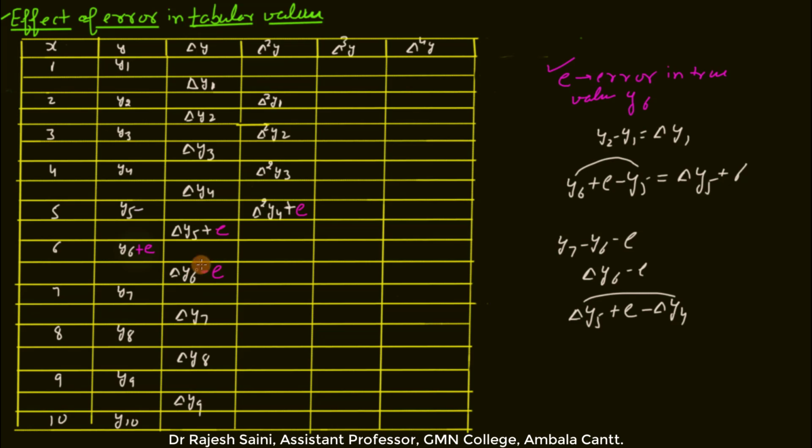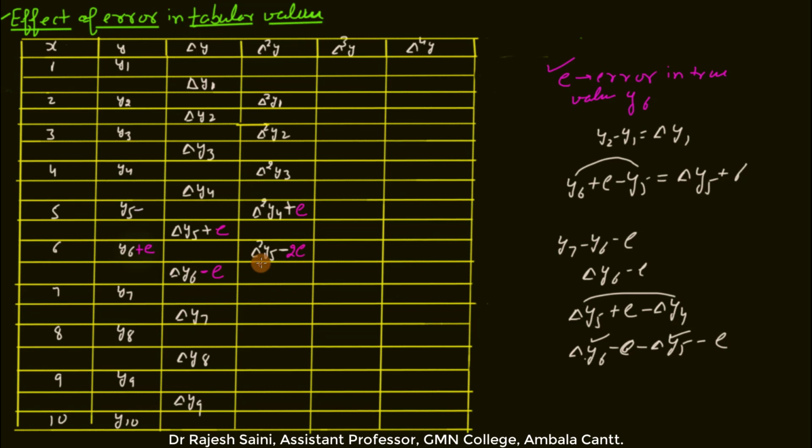Fine. Similarly, delta y6 minus e minus delta y5 minus e gives delta square y5, and minus e minus e is minus 2e.